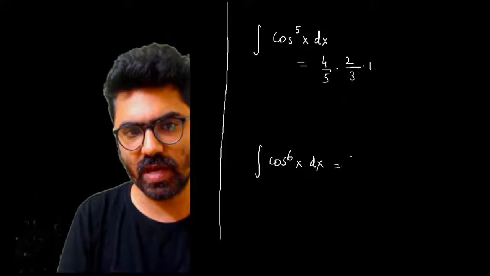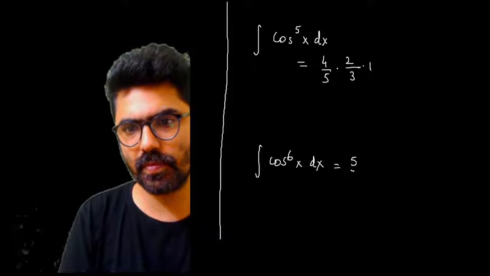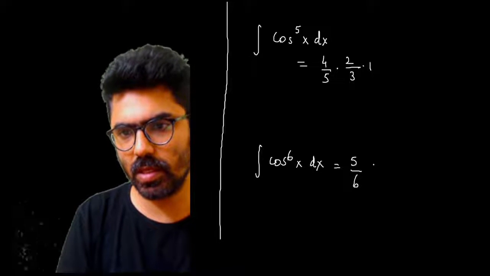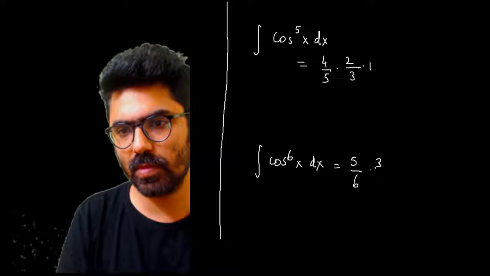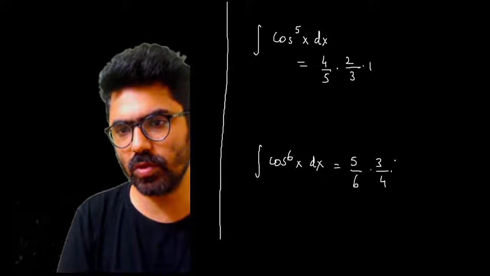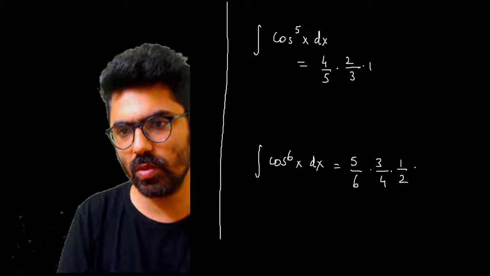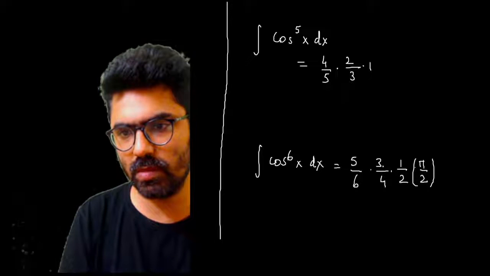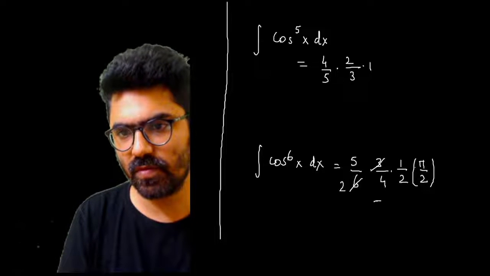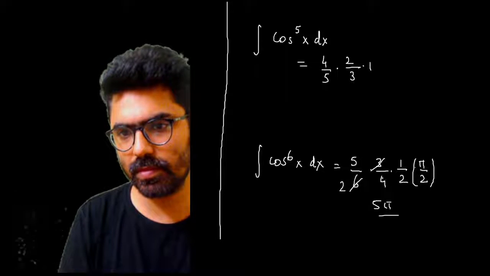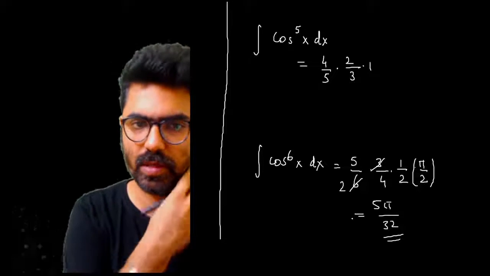For 6, you start with 5 by 6, reduce 2. After reducing 2, you will get 3 and 4. Again reduce 2, you will get 1 and 2, and stop here, multiplying by pi by 2. If you simplify this, 5 pi in the numerator, and 4 into 2 is 8, 8 into 4 is 32. This is your answer finally: 5 pi by 32.